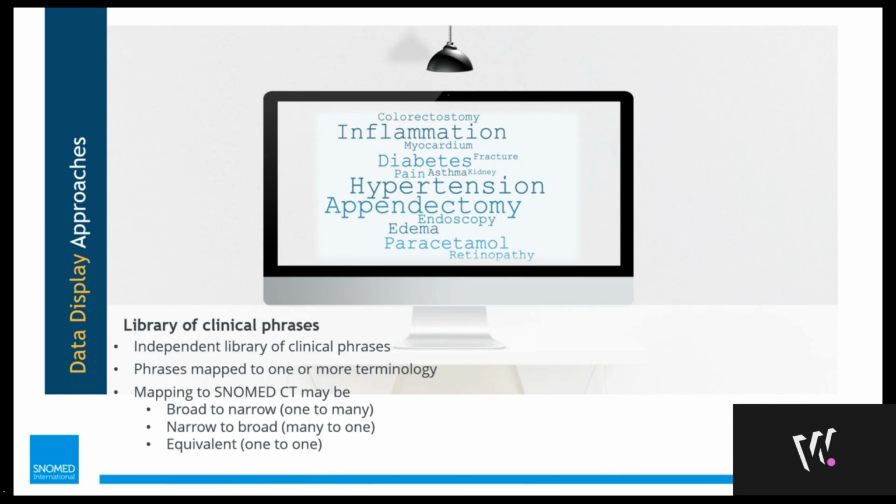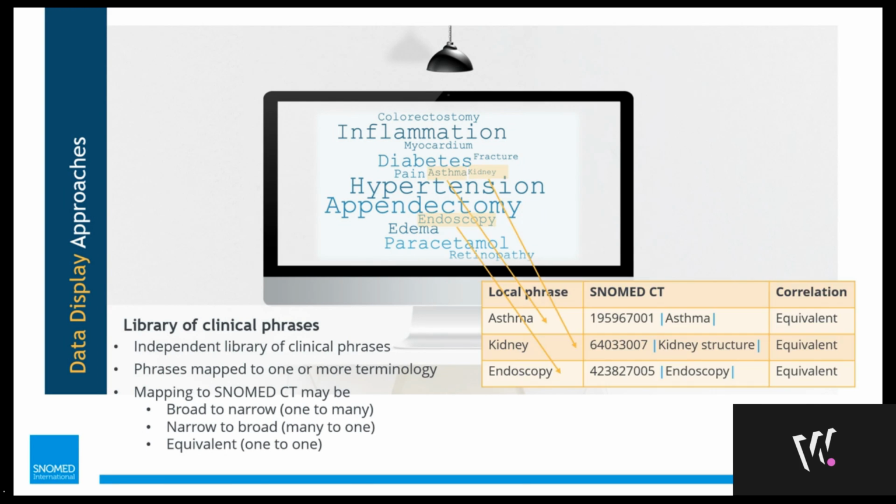The next approach to interface terminologies with SNOMED CT is to use what we call a library of clinical phrases. In this approach, a library of clinical phrases, or a set of clinical phrases, that is independent of SNOMED CT, is used as the interface terminology, and then these phrases are mapped to SNOMED CT and optionally other terminologies as well.